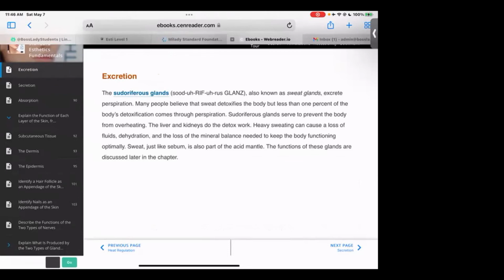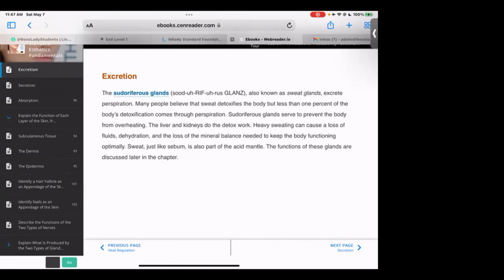Sudoriferous glands serve to protect the body from overheating. The liver and the kidneys do the actual detox work. Heavy sweating can cause a loss of fluids and dehydration, and the loss of mineral balance needed to keep the body functioning optimally. So sweat, just like sebum, is also part of the acid mantle, and the function of these glands is discussed later in the chapter.